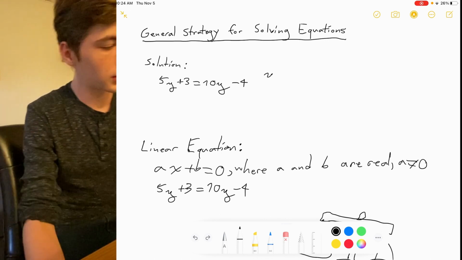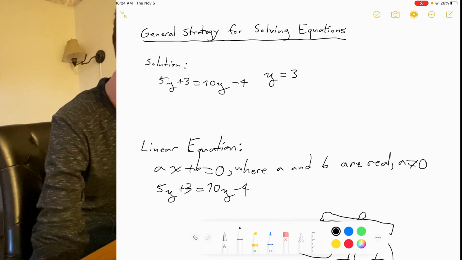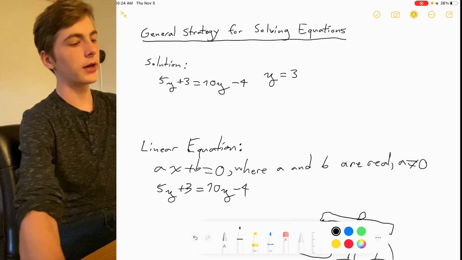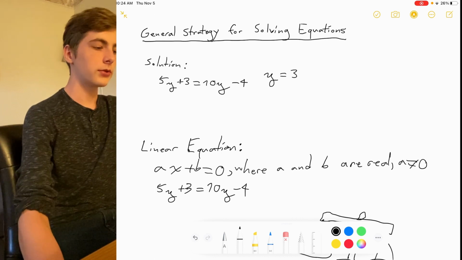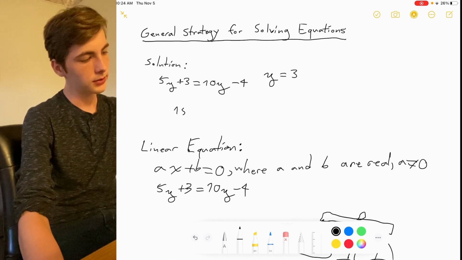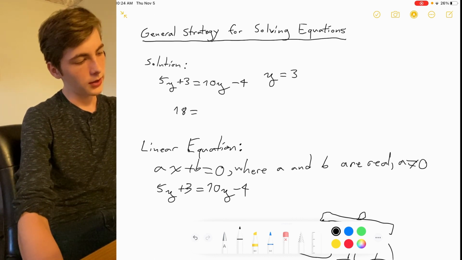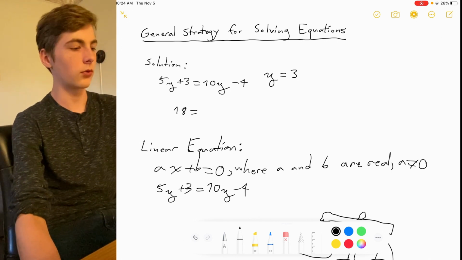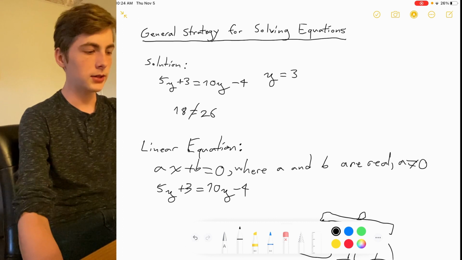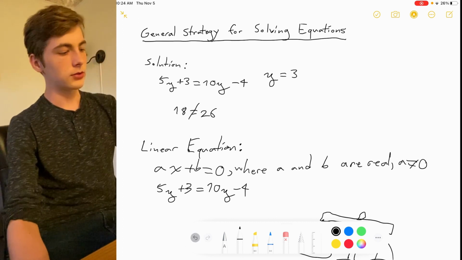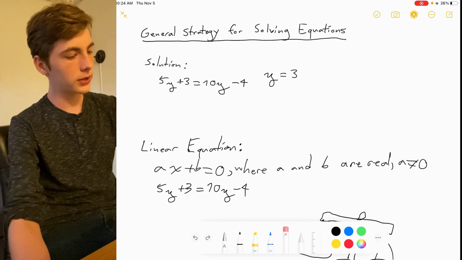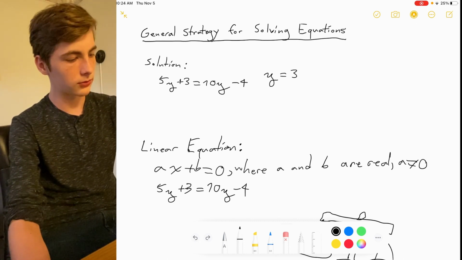We can't just choose any number for y and make it true, right? If we choose y equals 3, 5 times 3 is 15, 15 plus 3 is 18, and then 10 times 3 is 30, 30 minus 4 is 26. 18 is not equal to 26, so that is not true. And so y equals 3 is not a valid solution to that equation.